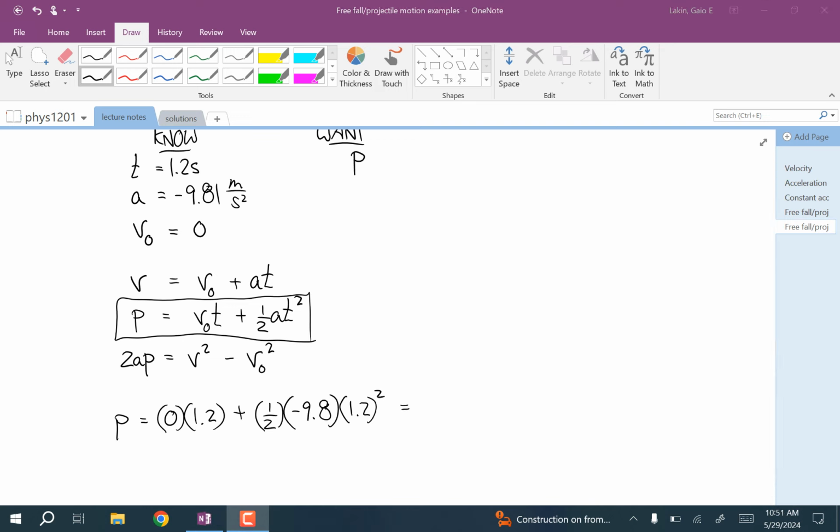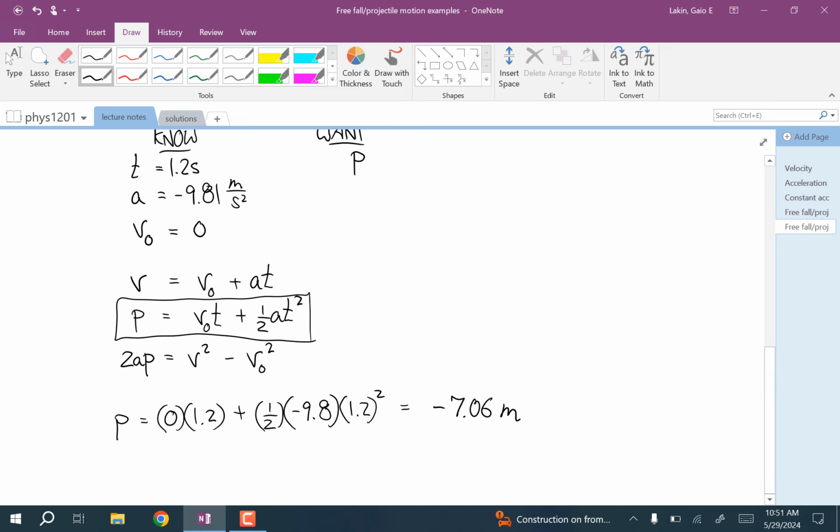And if you calculate that, you get an answer of negative 7.06 meters. You know, a meter is a little over 3 feet, so that's, say, 22 feet or something.